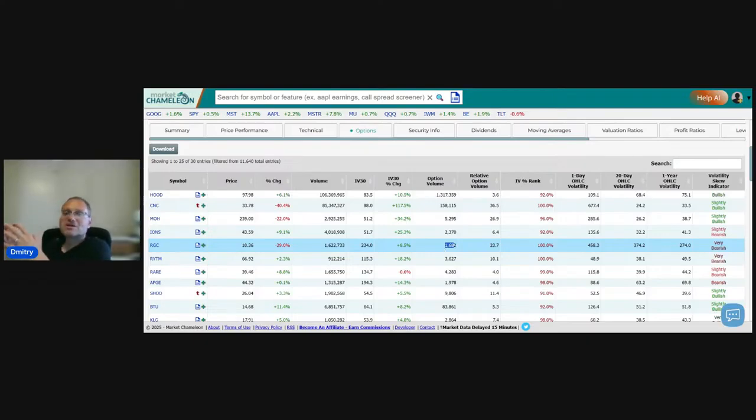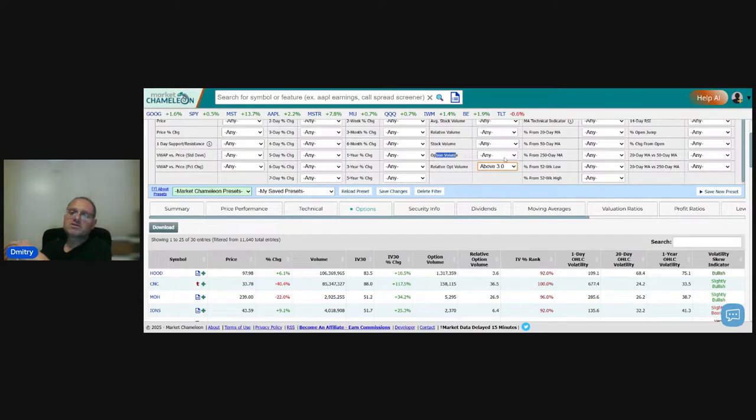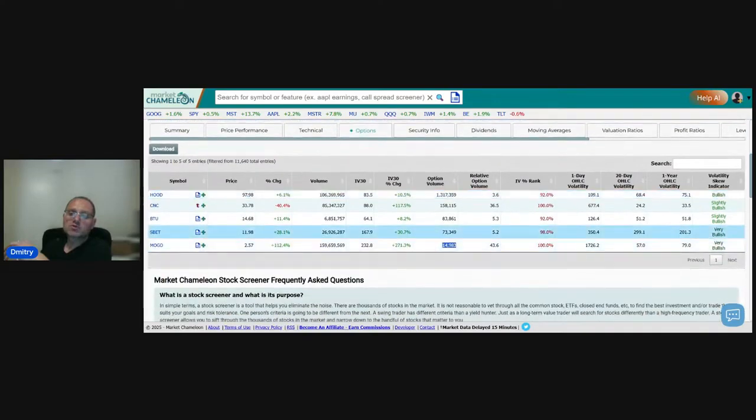That's telling us that on a typical day, it doesn't really trade that much. 1,600 contracts might not be a whole ton of option contracts, but for that stock, that's much higher than usual. Okay, but we could go up here to option volume if we wanted some minimal. Maybe we say above 10,000 contracts, just to get some of those smaller ones out. And now we're down to 5 candidates.